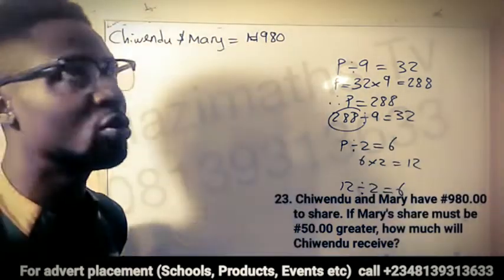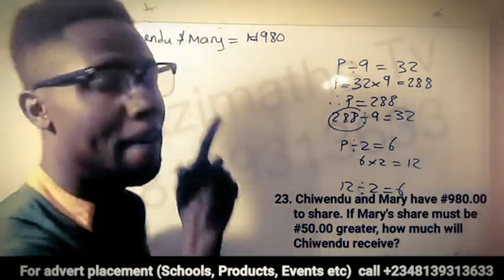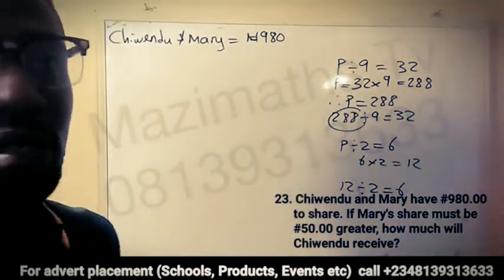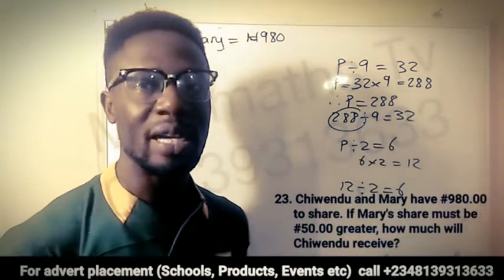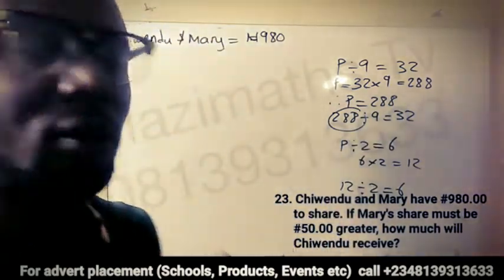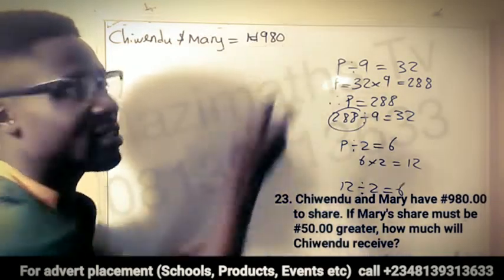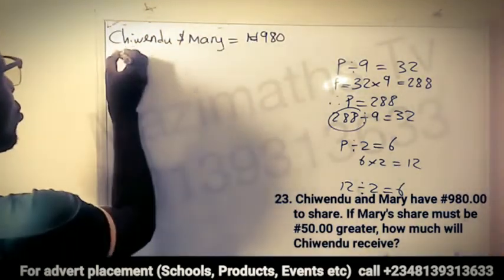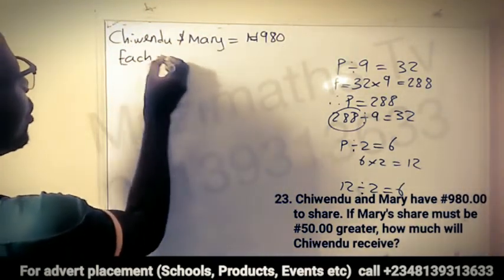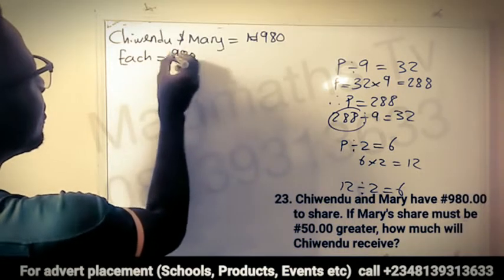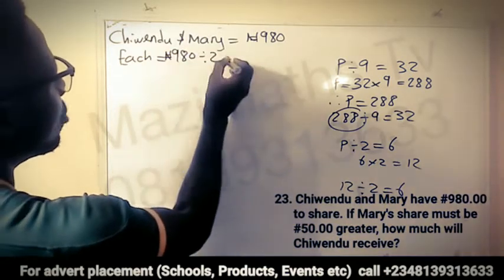We are told that somebody collects a larger share than the other person. But for you to determine that, all you need to first do is just divide both. Since you are sharing for 2 people, just divide this by 2. So that means each will initially receive 980 naira divided by 2.